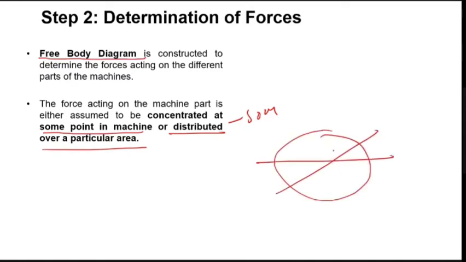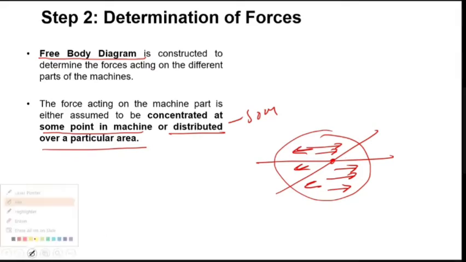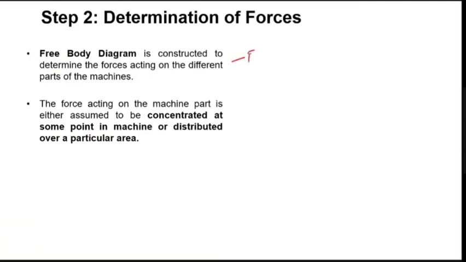You have to understand how the forces are distributed on this particular shaft: whether the forces act at some concentrated point, or are distributed over a particular area uniformly. You have already studied this in engineering mechanics and strength of materials, right? So we'll be using this concept here.